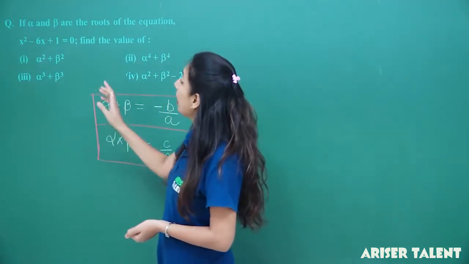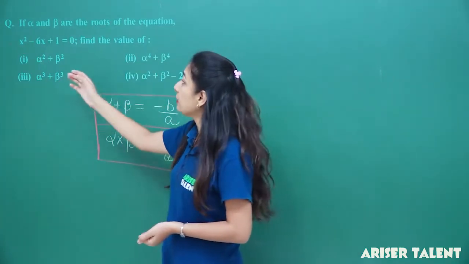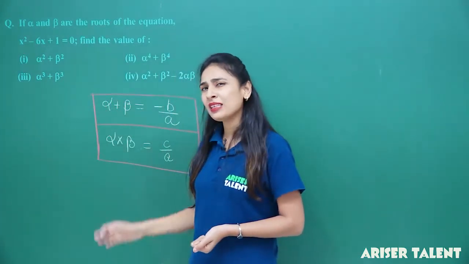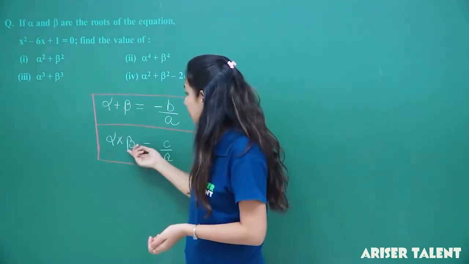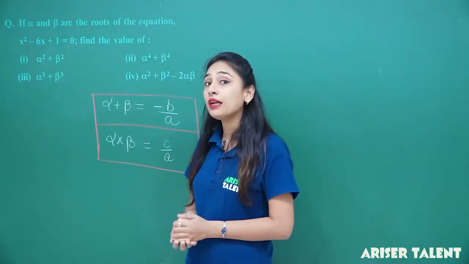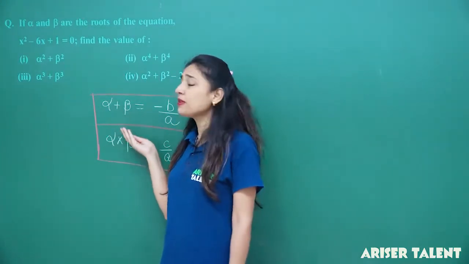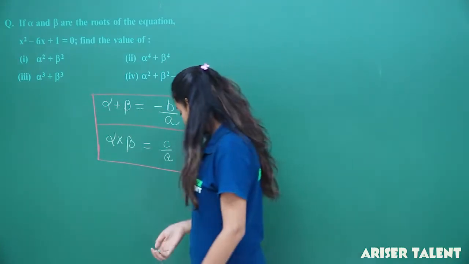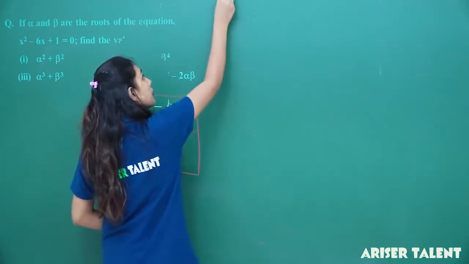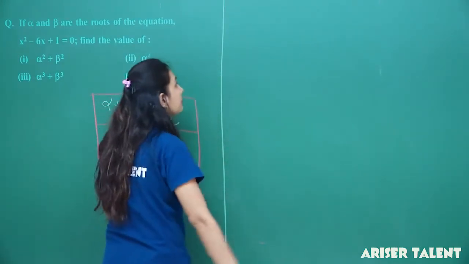But can I add and subtract something in alpha square plus beta square, and make it something like a plus b, a combination of alpha plus beta and alpha beta? So, let's give it a try.